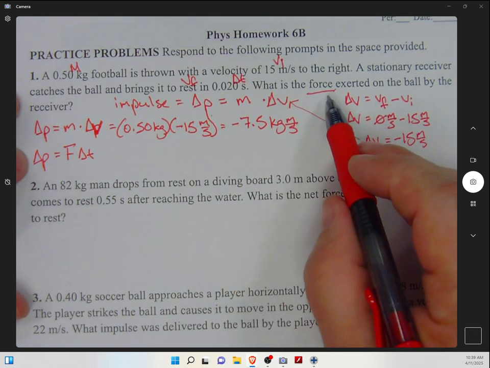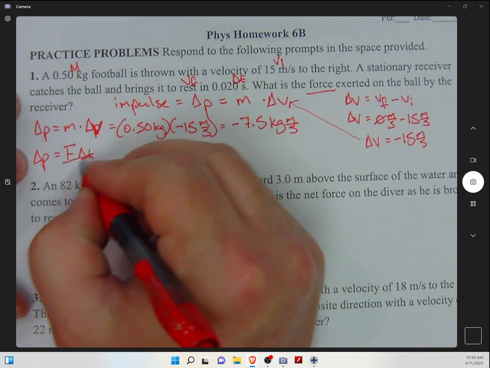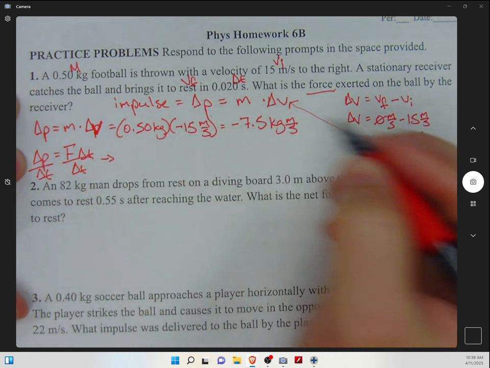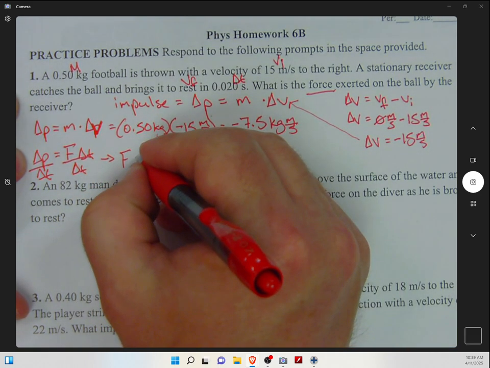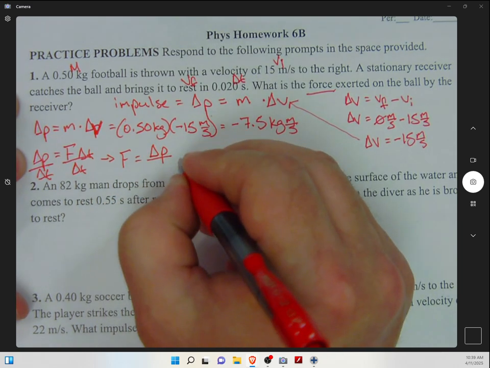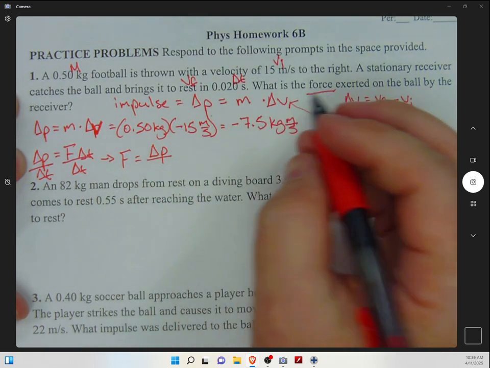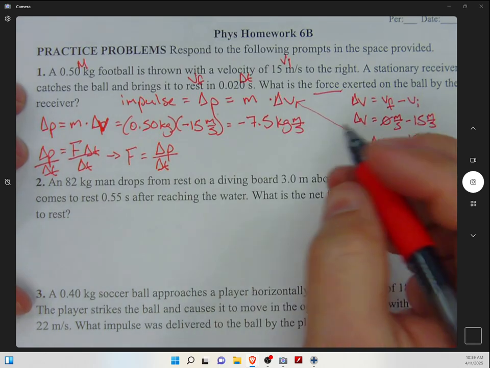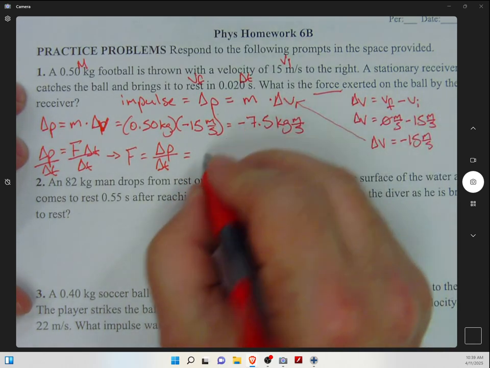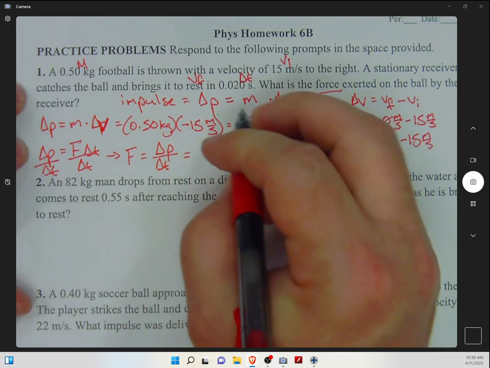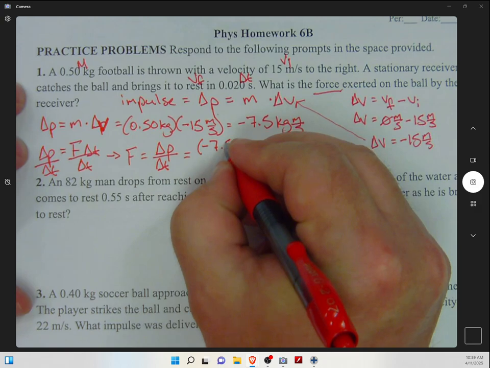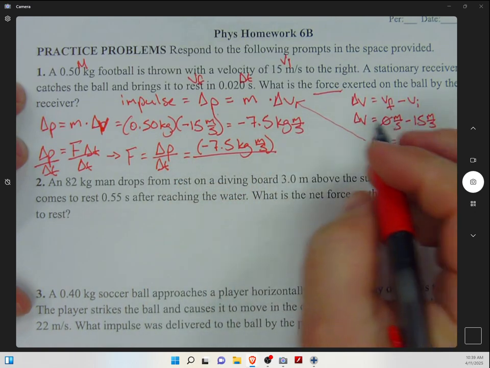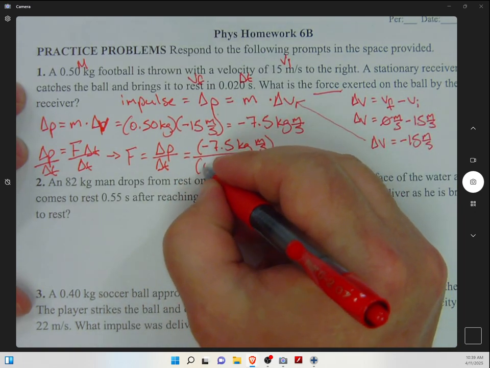Now this question is asking me to solve for force, so I'm going to divide both sides by delta t, and so the equation that I'm actually going to use to plug and chug is going to be force is equal to change in momentum, impulse, divided by delta t. Well, I've calculated an impulse, delta p, and I was given a delta t by the question.